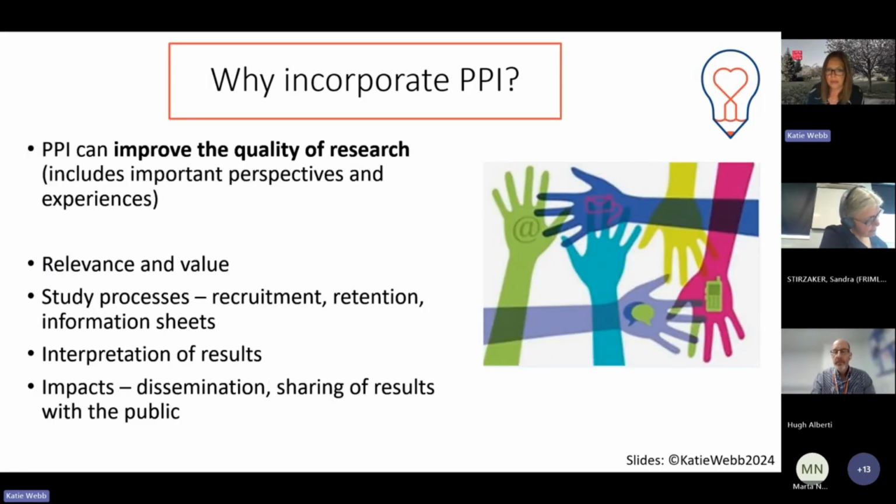And so why incorporate that? It increases the quality of research, includes important perspectives and experiences. As I say, the research that we do, why we do it is because people are important to us. The best and highest quality of care in all our services is important to us. So we're doing it from a place of good to try and find out what works for whom and in what circumstances.